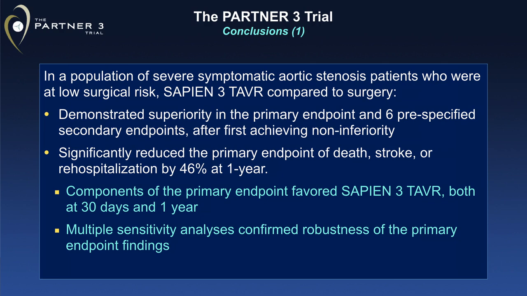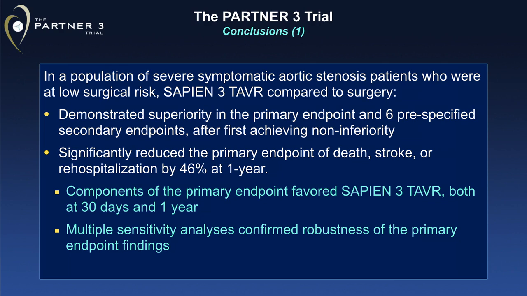We saw that there was a significant absolute reduction in the primary endpoint of all cause of death, strokes, or cardiovascular rehospitalization at 1 year, a relative risk reduction of 46%. So the findings favor TAVR at 30 days and 1 year.